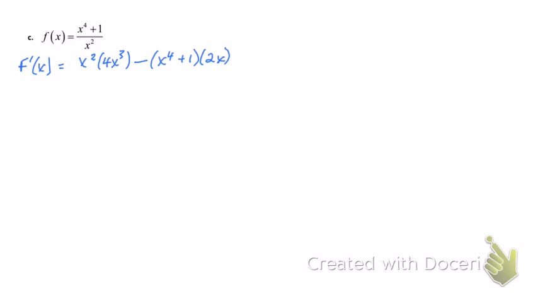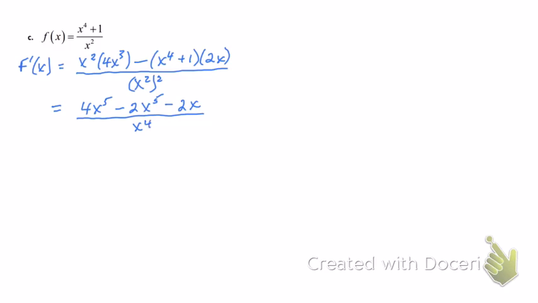And then I square the bottom. So I'm going to simplify this a little bit. I just multiply it out because these are just all powers of x, it looks like, except for that 1. I'm getting this. All of that's over x to the 4th, like the man said, which gives me this.